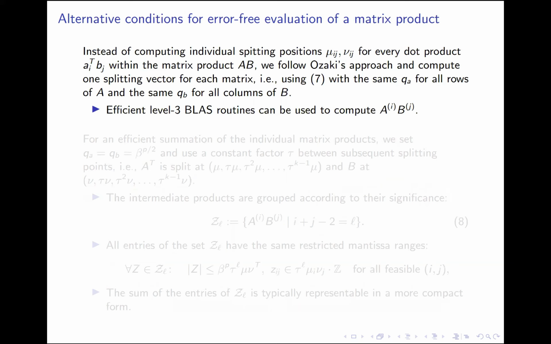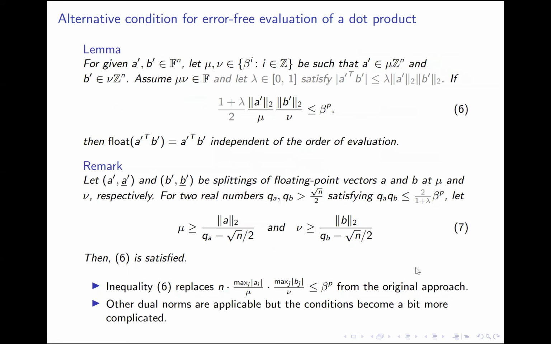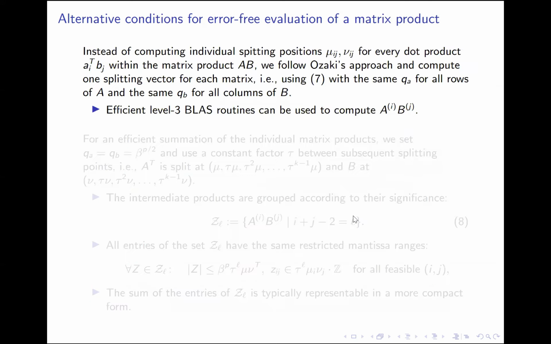So our problem at hand is a matrix product. Instead of choosing individual splitting positions for every dot product within the matrix product, we choose the same QA for the rows of A and the same QB for the columns of B, so that condition 7 here is satisfied for all rows of A and all columns of B, so that it's satisfied for all individual dot products of the matrix product.